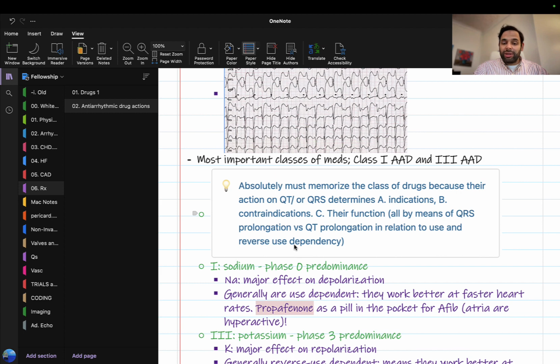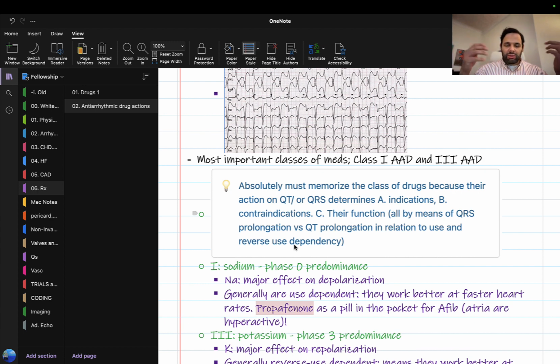All of that, either QRS prolongation or QT prolongation, needs to be understood in relation to use and reverse use dependency. Not the use of the medication, the use of the channel upon which the medication is acting. What uses the channel is the heart, not us as clinicians. That's the pathology itself that's exciting the channel, or the physiology.